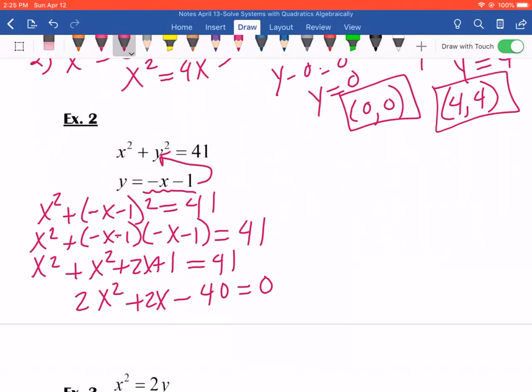So now this is as cleaned up as we can possibly get it before factoring. Now if I'm looking at this and I want to factor, one thing that I notice here is that I have a GCF of 2. So I can actually make these numbers easier to factor by dividing each one of these terms by 2.